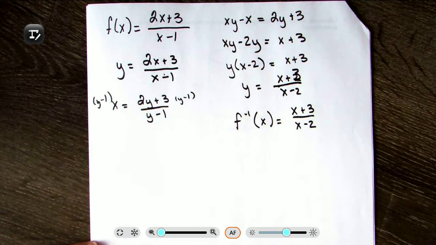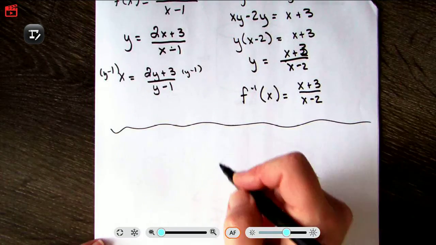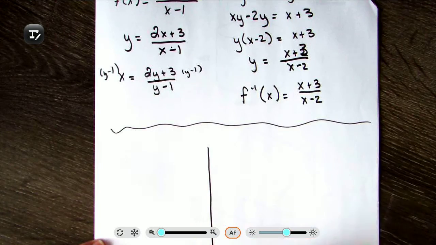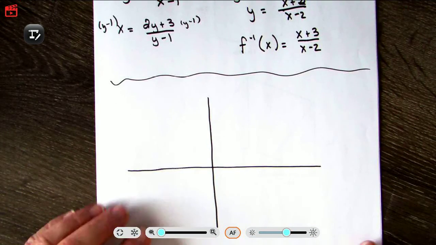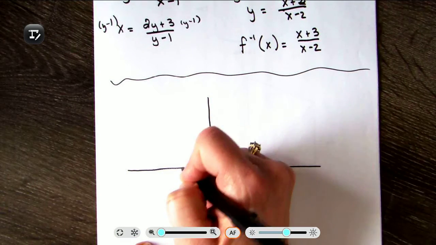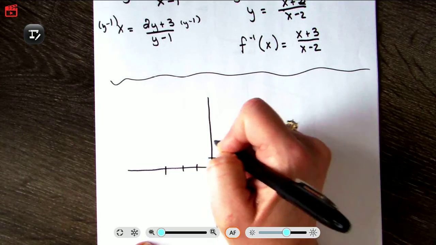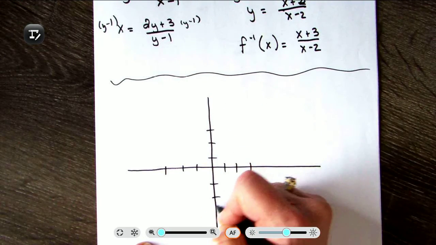Okay. How do we graph an inverse? Well, let's start with a one-to-one function. And I'm just going to do one example because I find that this is the fun part. It's nice and easy. And I'm just going to kind of draw it, making sure it's one-to-one.